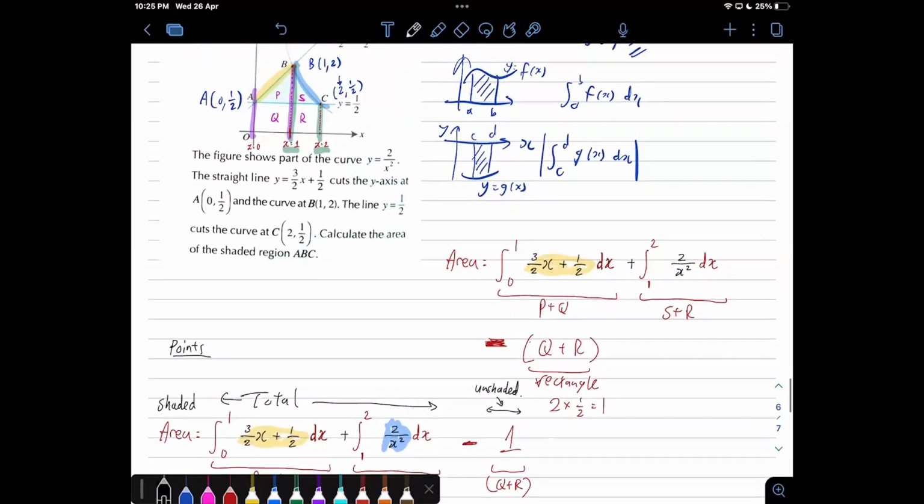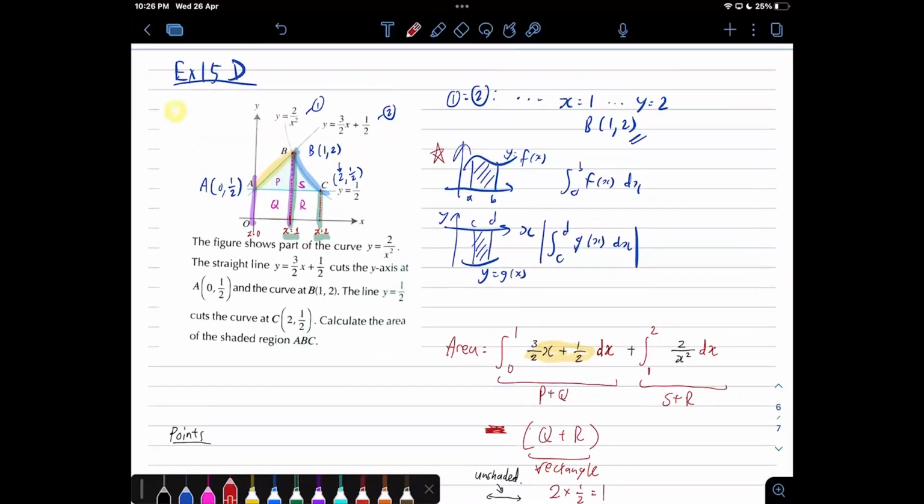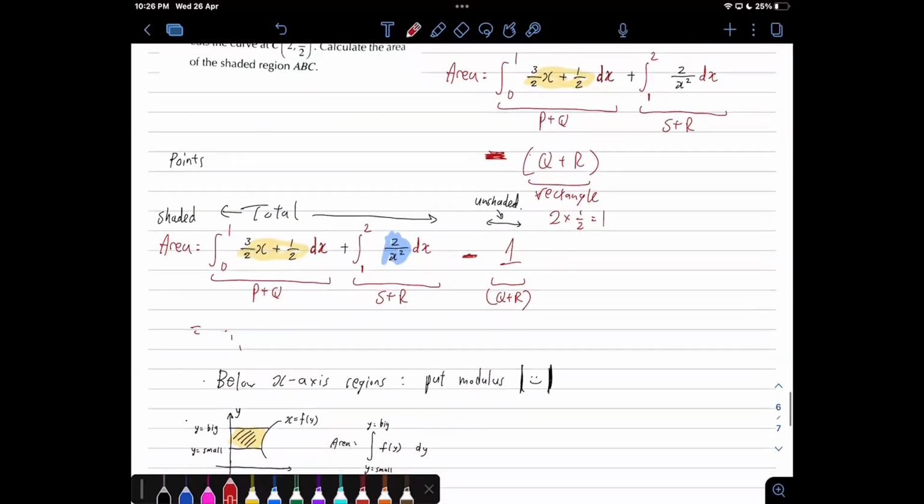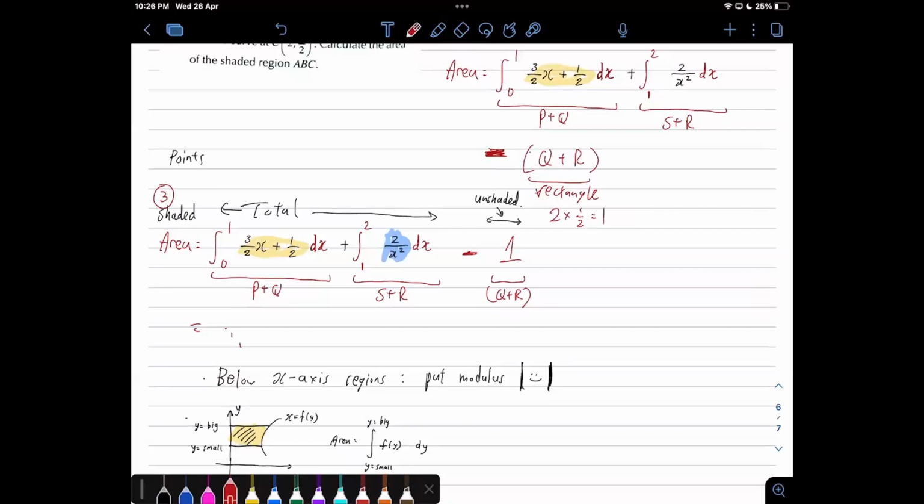This is number 1. Yeah, very messy. Area under a curve is this formula. This is number 2. Area below a curve, you need to put modulus. Then point number 3. To find shaded area, it's just total area minus unshaded.